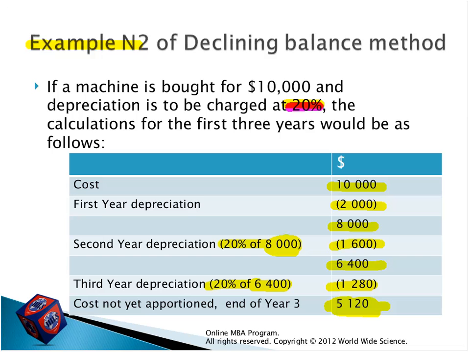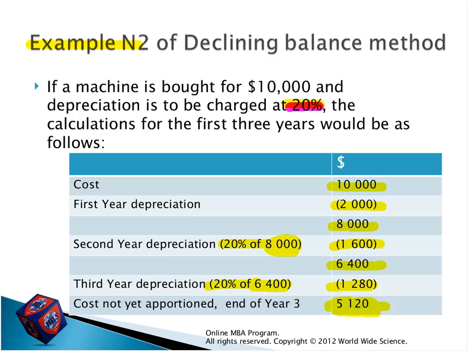To find the depreciation rate in the declining or reducing balance method, you have to double the rate from the straight line method. Like if it's 33%, it would be 66%. But it's a lot, right?